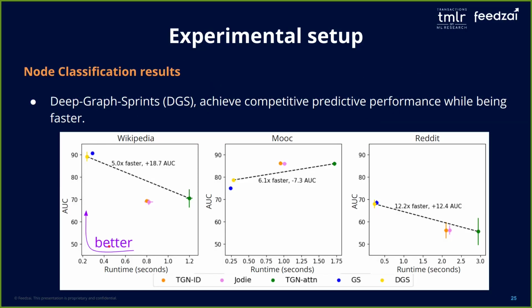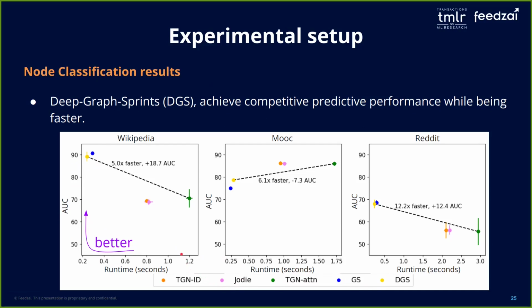Looking into the results of the node classification task, here we show a trade-off between predictive power and runtime, where top left is the best since it means higher predictive performance with lower runtime or faster inference. Here we compare in yellow our Deep Graph Sprints method with the Graph Sprints method, and the other colors are the other graph neural network baselines.